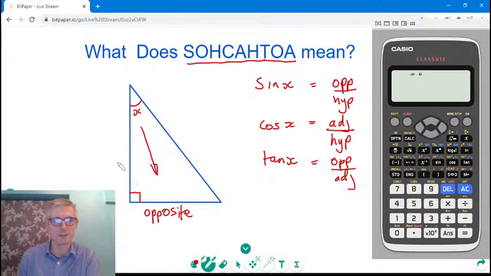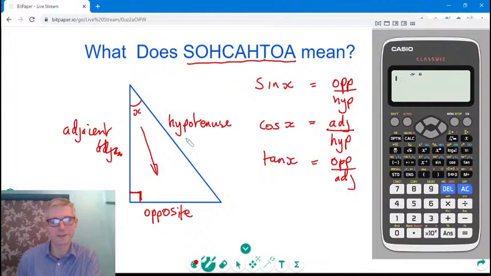Adjacent is just another word for next to, so this one is our adjacent. And the one opposite the right angle, which is always our longest side, is called the hypotenuse. And there we go, that's how we would label this.